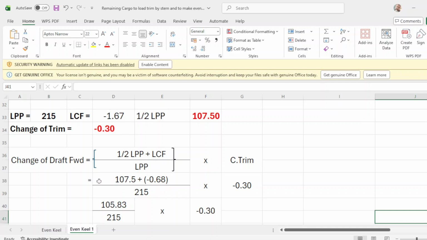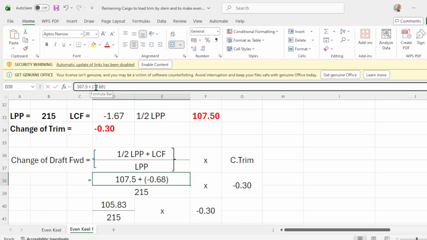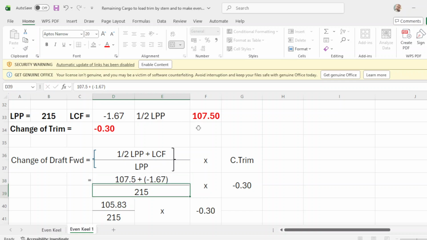Your LCF is negative 1.67. Okay. So LCF is negative 1.7. Your LPP is 215. Okay. Times your change of trim.